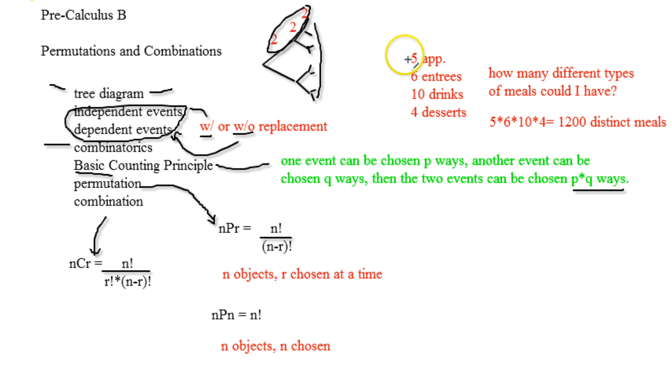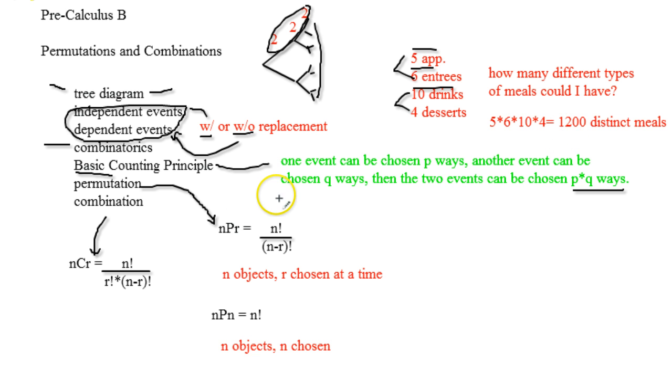So this one would have 5 paths here. This one would have 6 paths off of each of those 5 paths for a total of 30. Then we would have 10 paths off of there, so that would be a total of 300. And then 4 more paths on top of those 10 paths, on top of those 6 paths, on top of those 5 paths, you've got a 1,200 branch tree diagram.